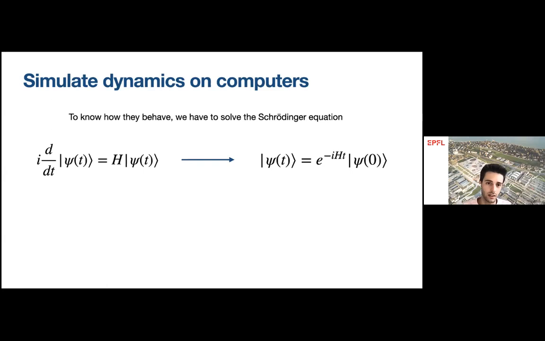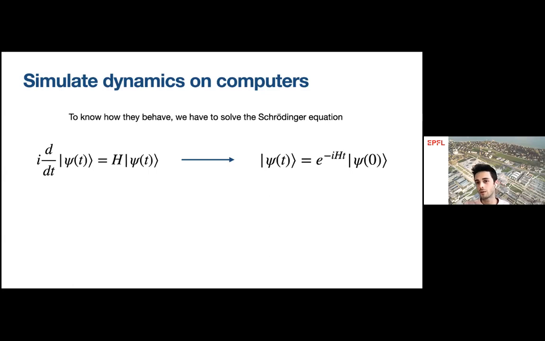And we know that the formal solution, if the system is closed and the Hamiltonian is not time dependent, can be represented, as I represented here, as a time evolution operator that acts on the state at time t equals 0. So we know the coefficients at time equals 0, and we apply this time evolution operator, and we have the state at every time t.